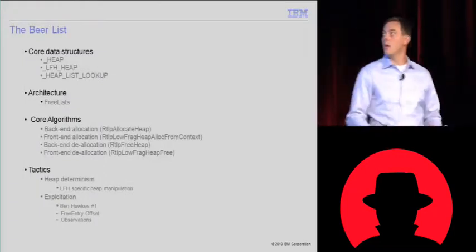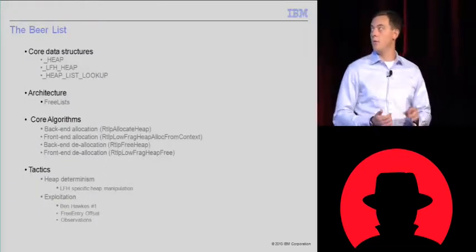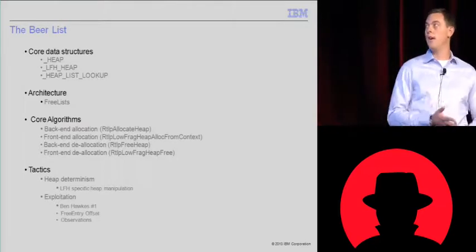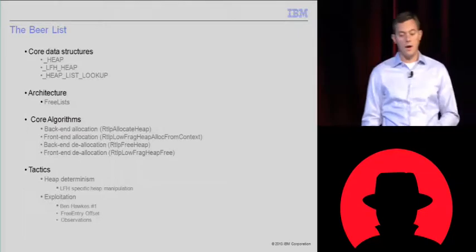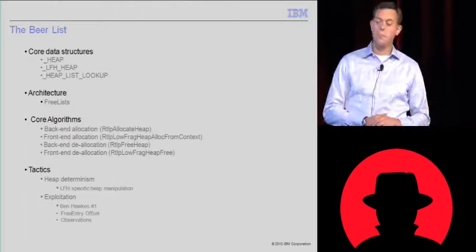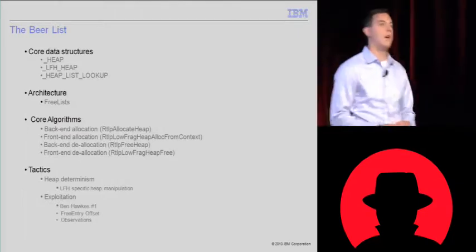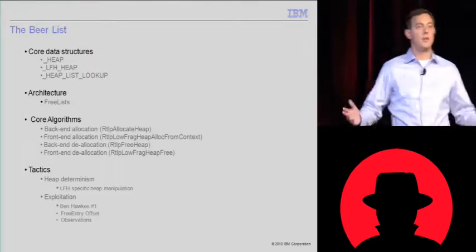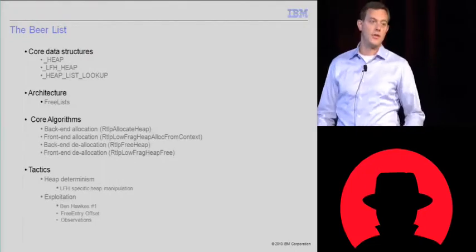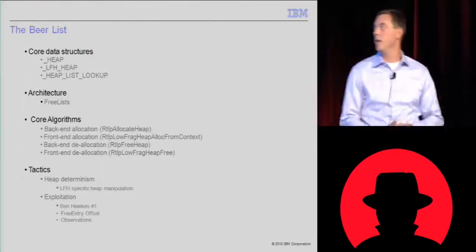It's going to go in order from boring to boringer to most boring to fun. We'll talk about the core data structures, all the stuff they added in this new heap. We'll then talk about architecture, specifically the free list, which has changed drastically since we last visited it in the Windows XP codebase.